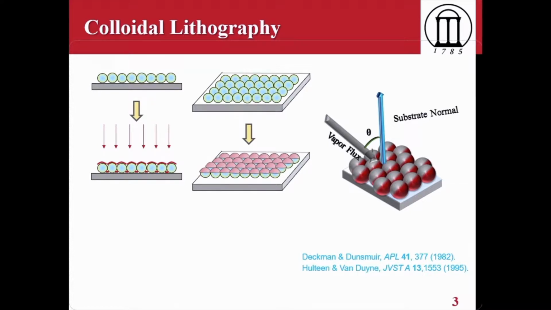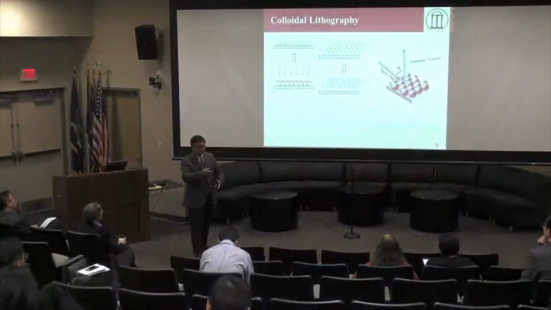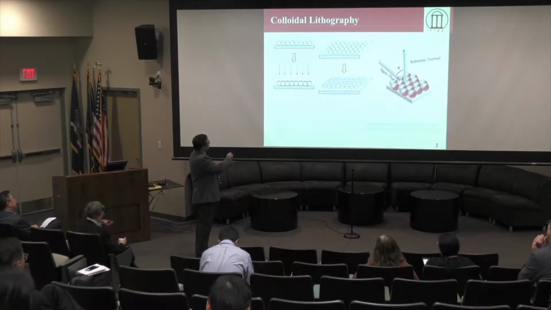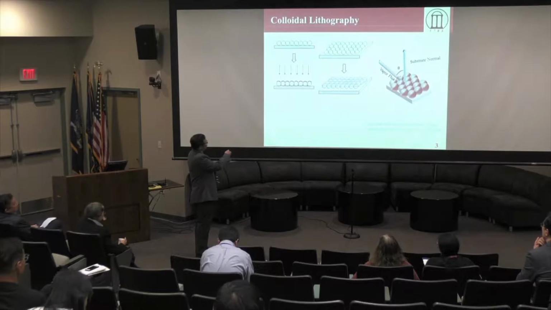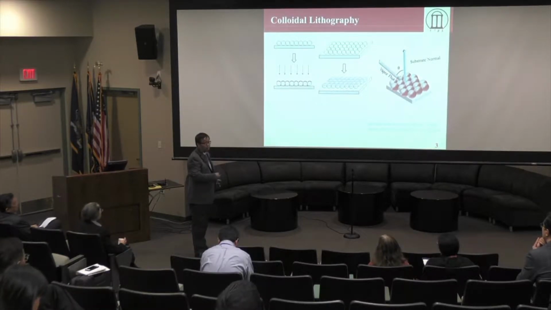During the evaporation, you have thin film deposited not only on top of the spheres, but also, because there's a gap between adjacent spheres, you also use that as a template, so mask, so you can deposit material on top of the substrate.